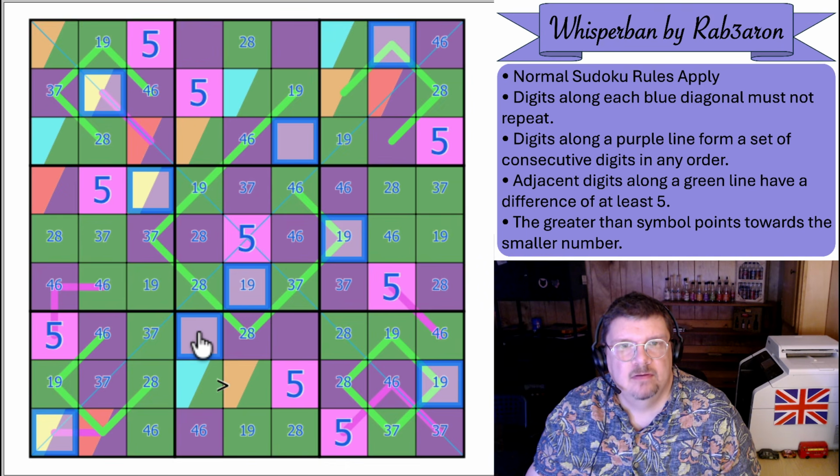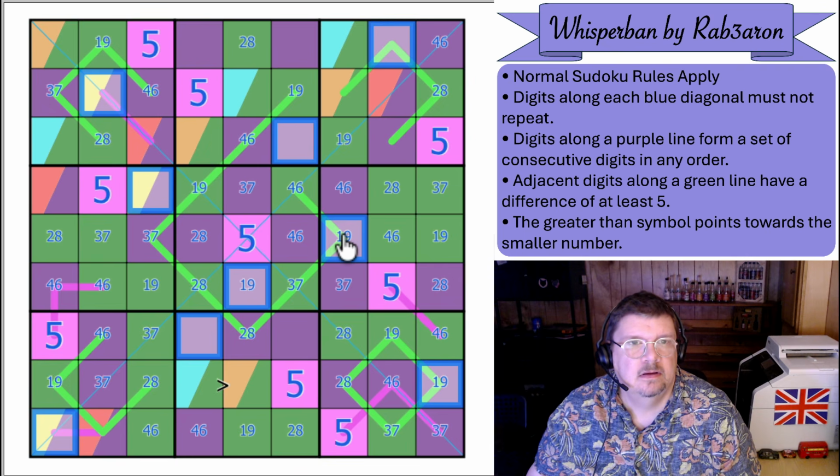Do I have a conflict with another green 4, 6? No, the only green 4, 6 would be there, and that should make that 1, 9, which would be correct.